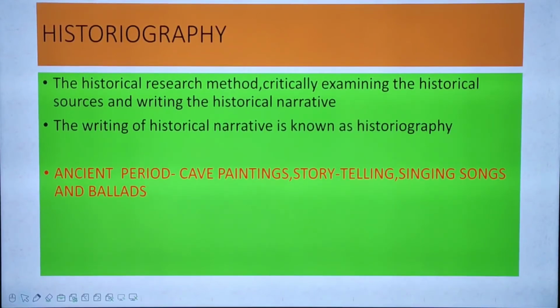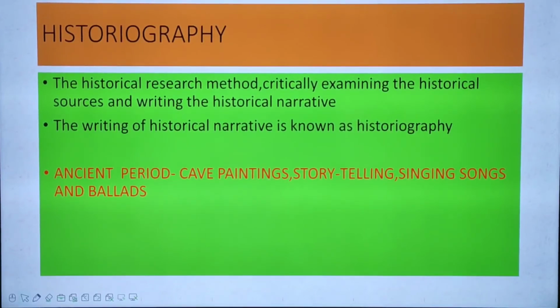The best example of historiography in the ancient period is cave paintings, storytelling, singing songs and ballads. I'll give you an example. You know the pyramids which you see in Egypt, that is basically the resting place of the king. When the king dies, that is his resting place. If you enter the pyramid, on the walls of the pyramid there are stories, you have paintings, so you don't require a guide to explain the story.